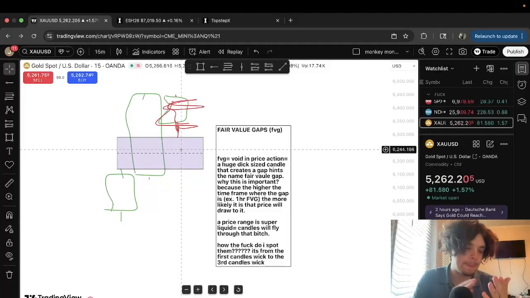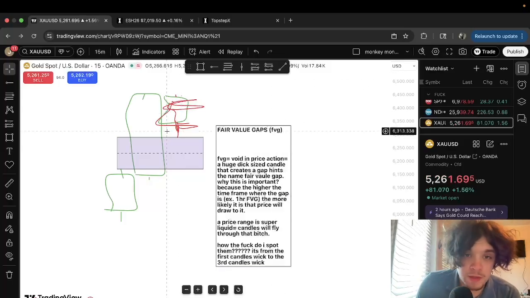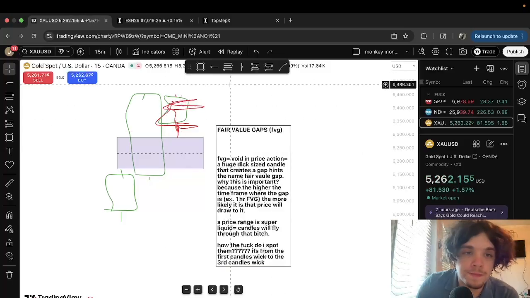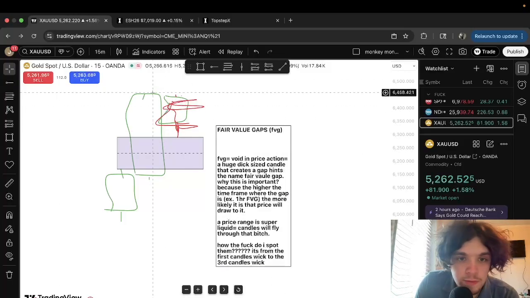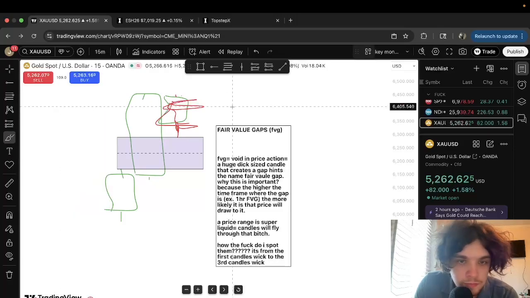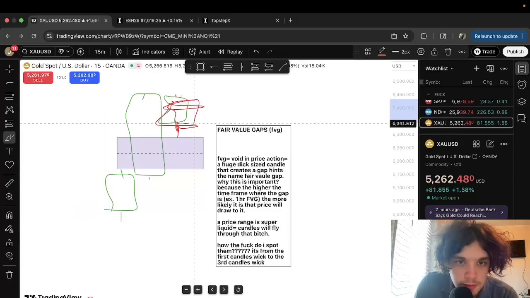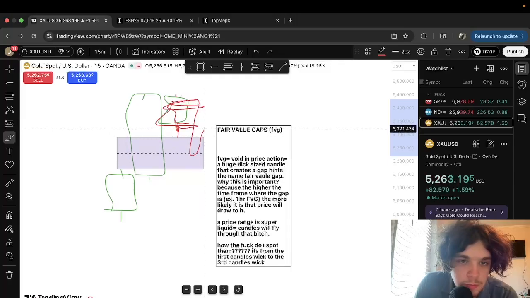Why is that important? Because we can take plays off of that. Typically, when price comes into a fair value gap, let's say this candle's closed and then you get the next candle, price comes down, taps into it, and then rallies higher, right?